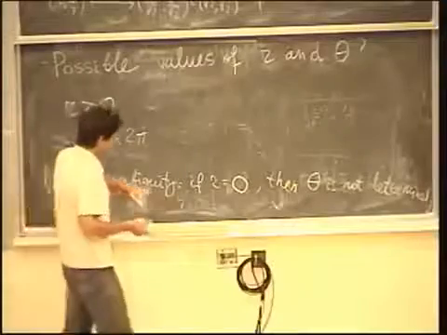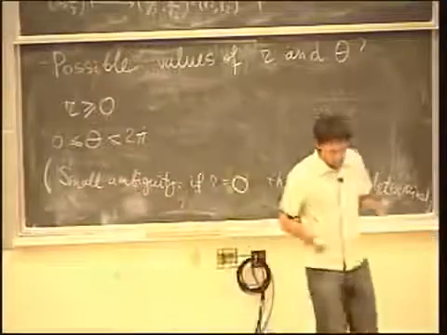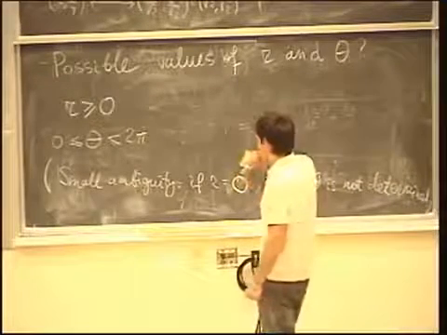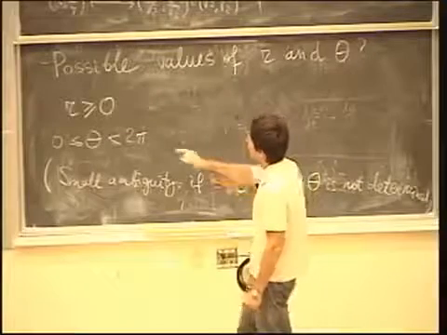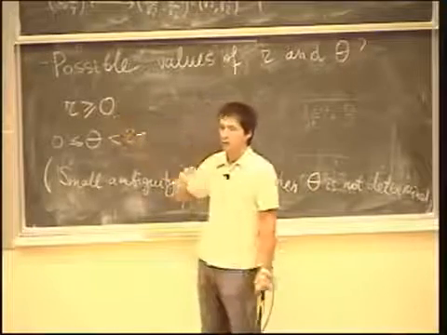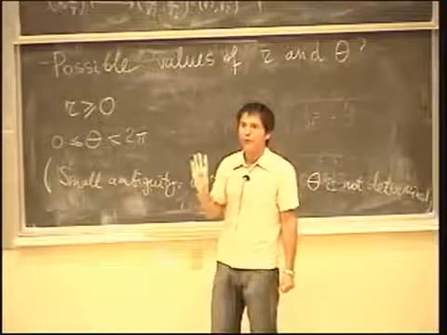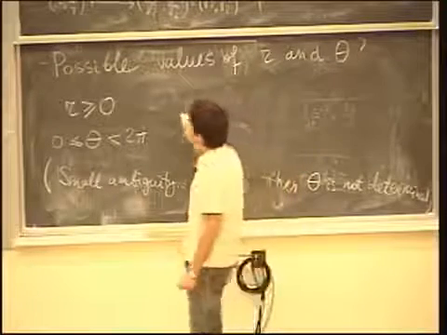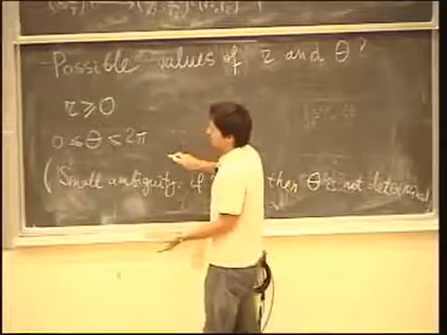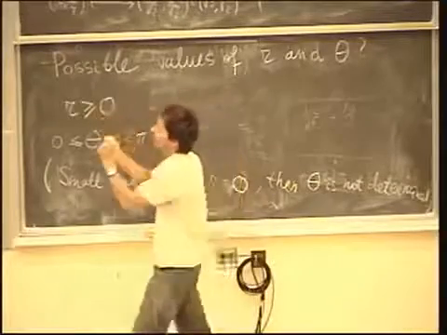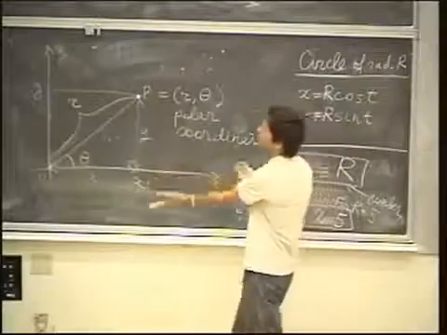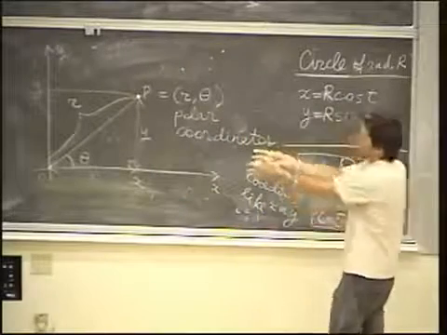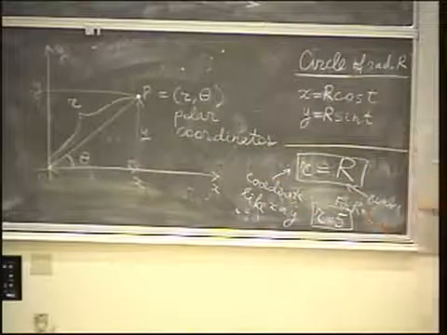Now, there is a more important point here, which is that in our calculations, we are going to allow more values for r and theta. This is a technical thing. What I wrote here is how the polar coordinates are defined, strictly speaking, if we really want to define an unambiguous coordinate system.